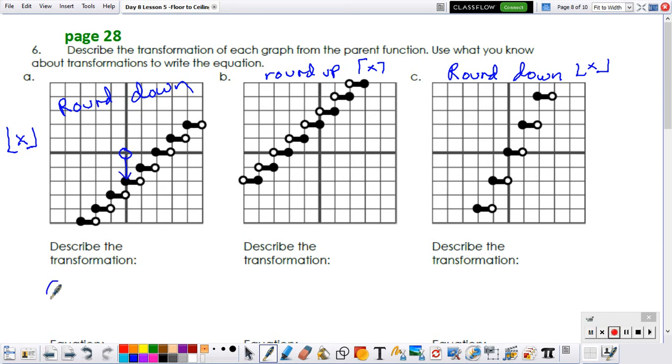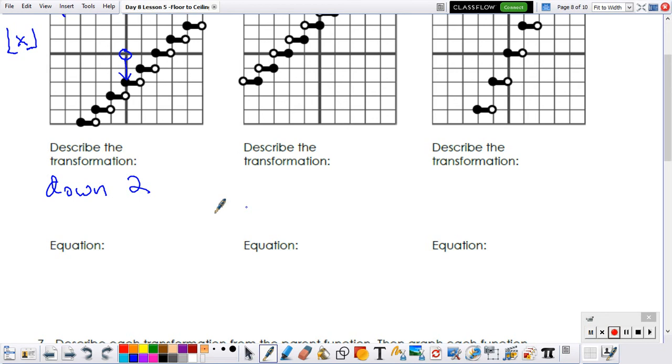So the transformation is down 2. So if our transformation is down 2, the equation is going to have a k value of minus 2. So it's going to be y equals round down function minus 2.